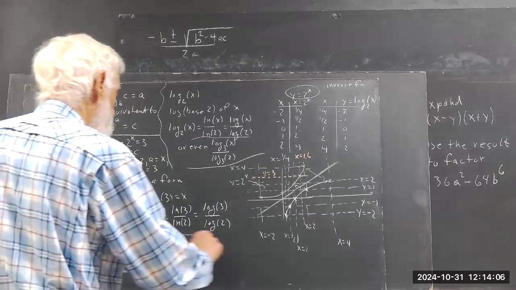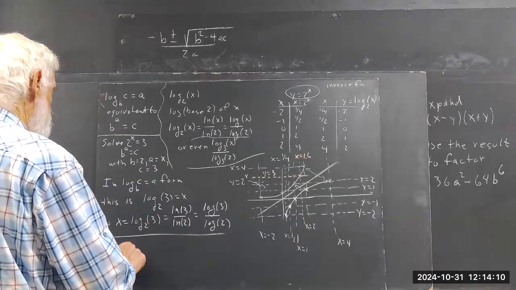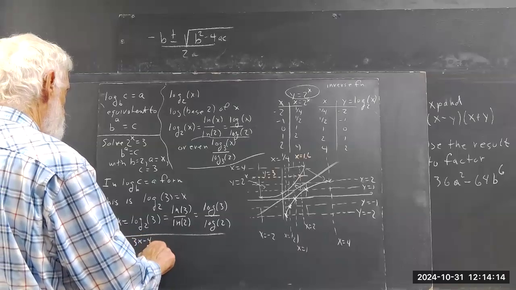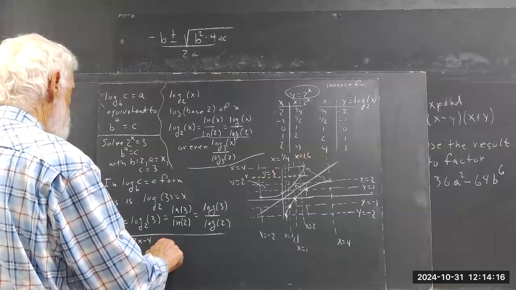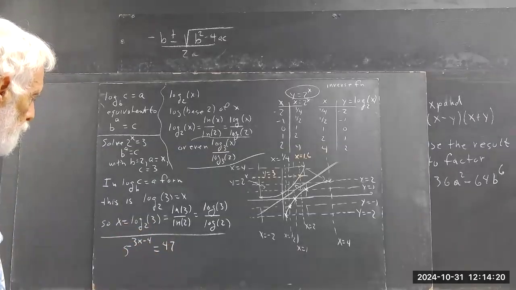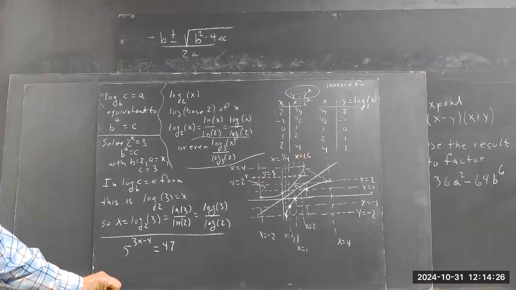Now, how about 5 to the 3x minus 4 equals 47? First of all, what power of 5 equals 47?